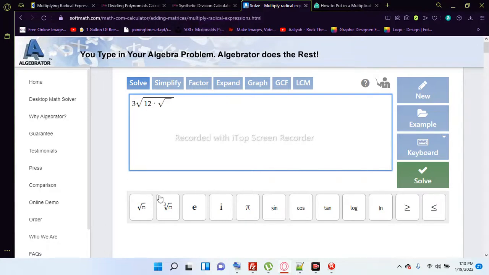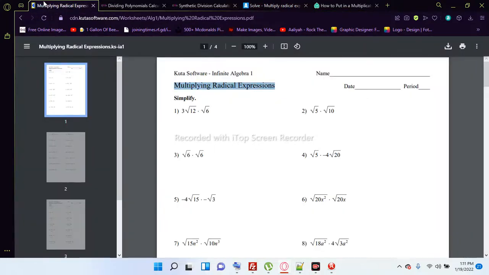Let me see what comes out. Radical 6. 3 times 12. 3 radical 12 times radical 6. Let's see. Let's go right there. Let's see what comes out. We may have to go back to use her again.